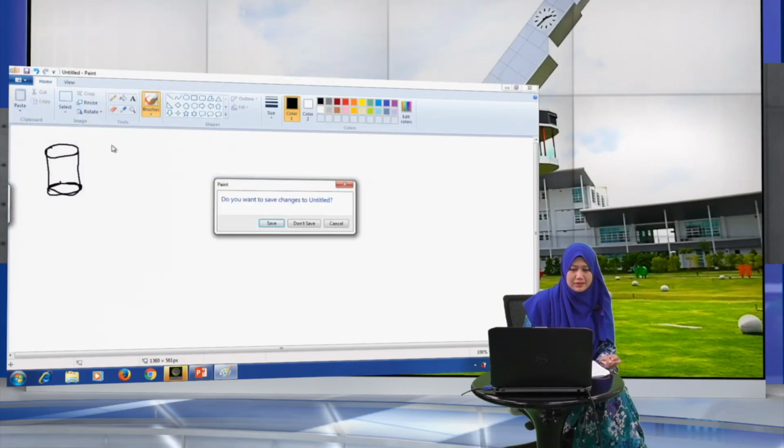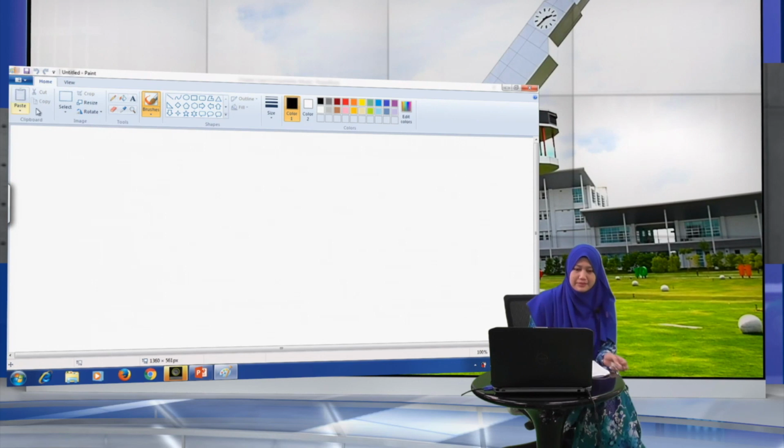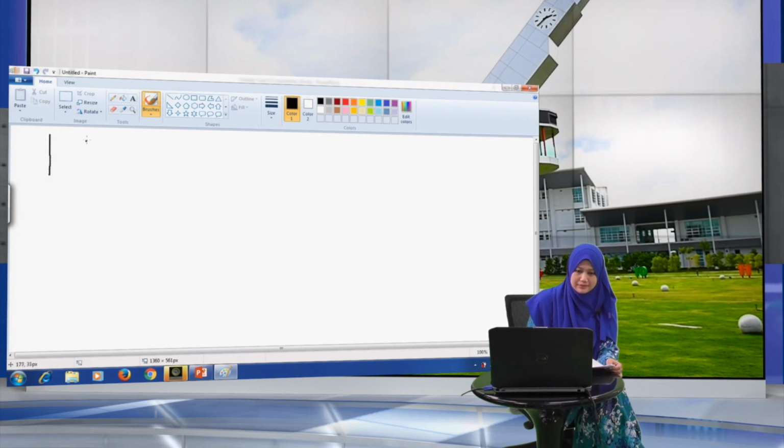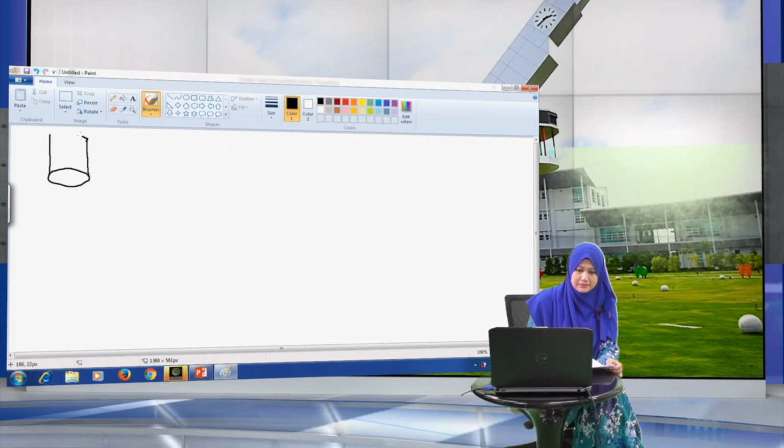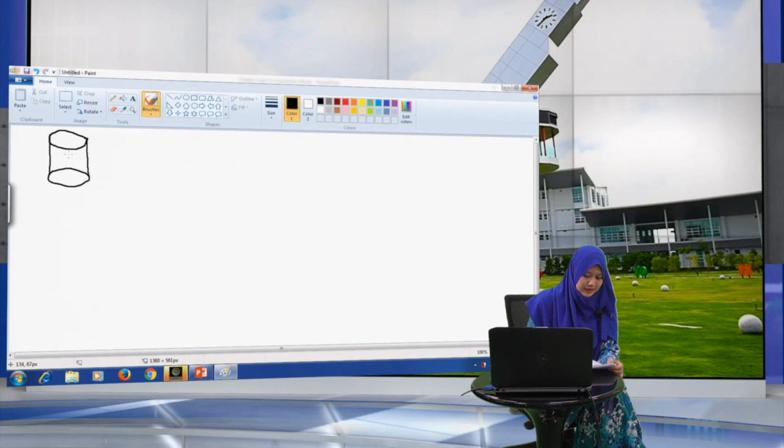Okay, I redo that again. For this question, example 3, the key point is a cylinder. So let's sketch the cylinder. Okay, and it says that the radius of the cylinder is 3 centimeter.